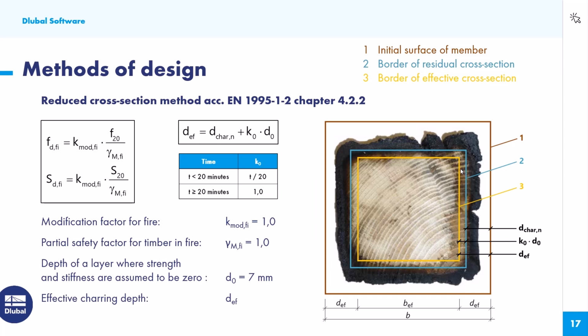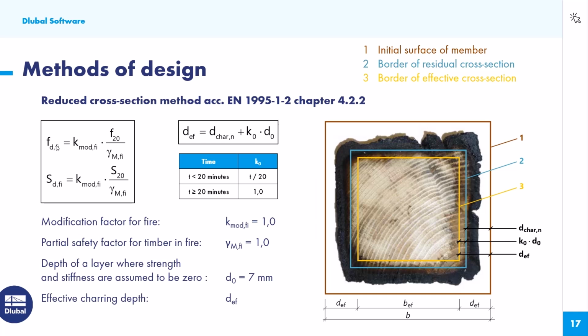And since the area between the green and the yellow line here already has an increased temperature, and therefore reduced strength and reduced stiffness, this area should also be neglected. And that's why for times higher than 20 minutes we add the factor k0, which is 1, and d0, which is 7 millimeters. So we add 7 millimeters to our charring depth.